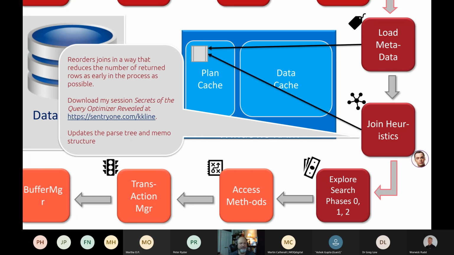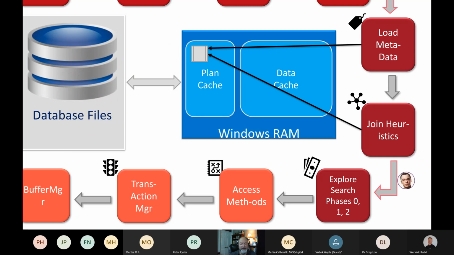So once again, it updates the parse tree and the memo structure, and then Sheldon gets to move along to the next step, which is the query optimizer itself, the query processor, you might say. And SQL Server has 3 main phases, I guess you could say. There's actually a lot of different terms for it. You'll see it called a search phase or a search or a probe. You'll sometimes see it called a probe.